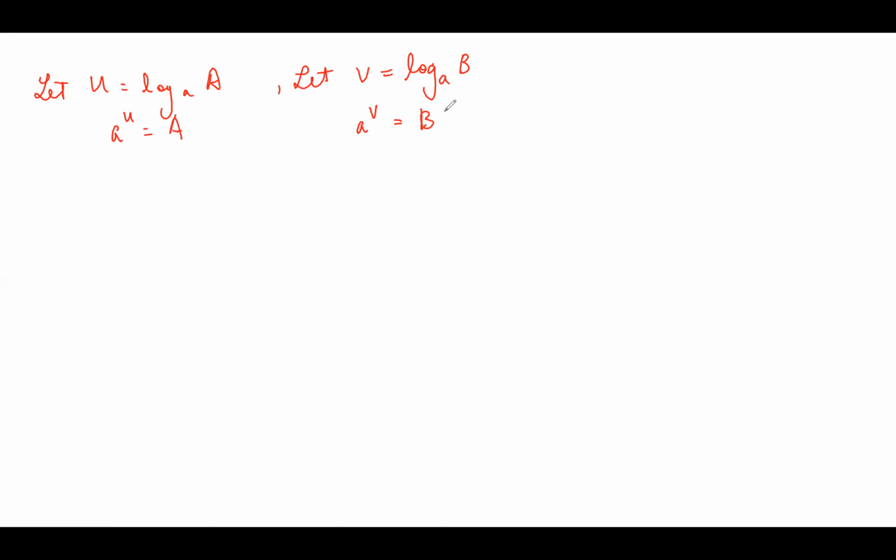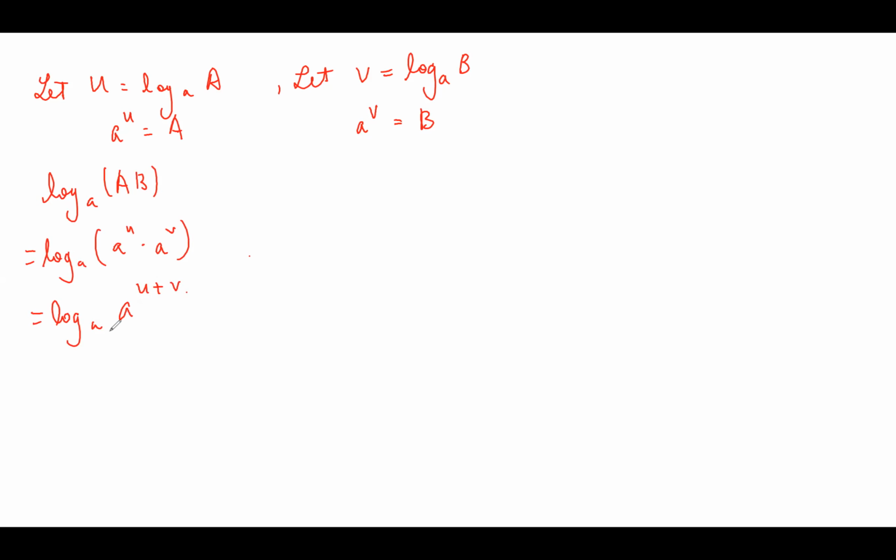Then now, let's try this. If I have log base a of a times b, in this case we could actually have log base a of, now remember a is a to the u, and b is a to the v, right? Then we notice that this is log base a of a to the u plus v.